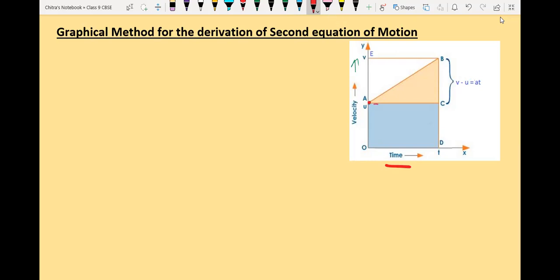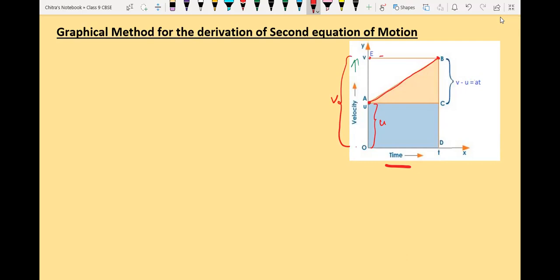The distance from here to here will be u. See here we have the point E. When the object starts moving, its velocity increases after a certain interval of time, and then it reaches the final velocity. The final velocity at point B will be from O to E, and the distance from here to here will be the final velocity, which is going to be v.